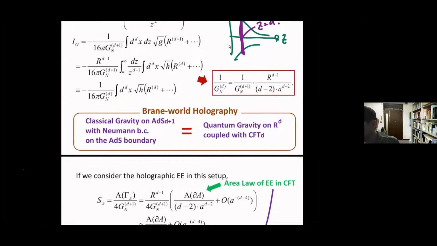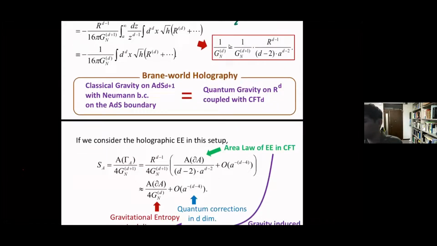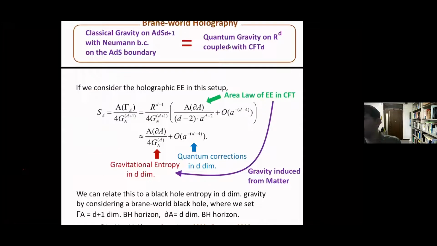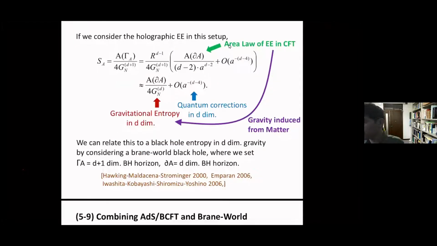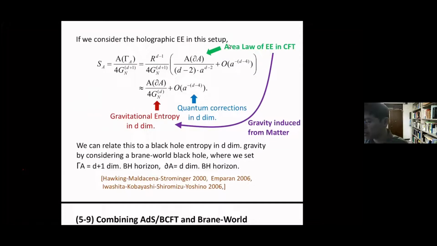One way to see that is to reconsider holographic entanglement entropy. So we have some surface A, and we have some gamma A here. We just calculate the area.